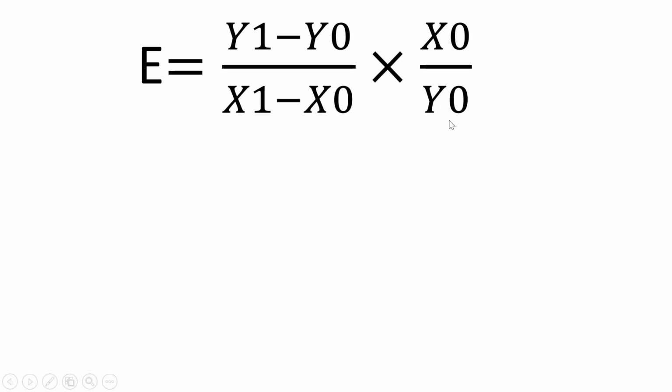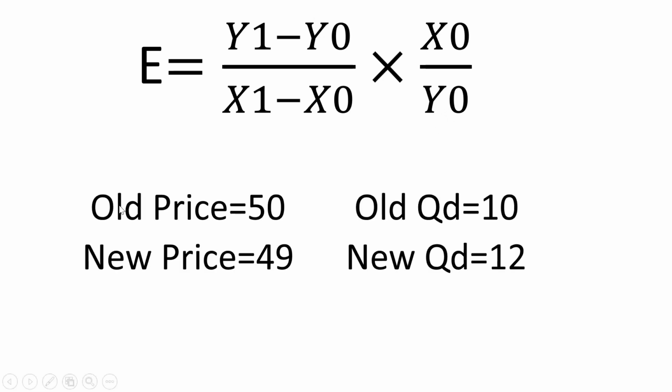Let's take an example. So we have old price, old quantity demanded, new price, new quantity demanded. So from the formula, what we are supposed to do is that we will pick this new quantity and subtract the old quantity from it and put it up here.